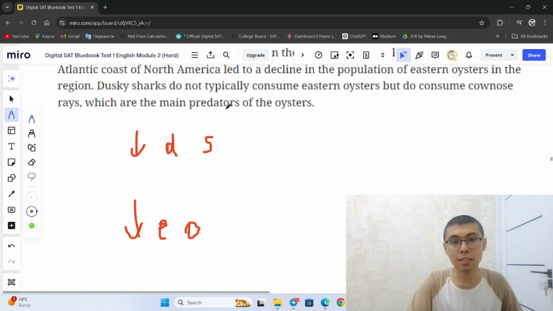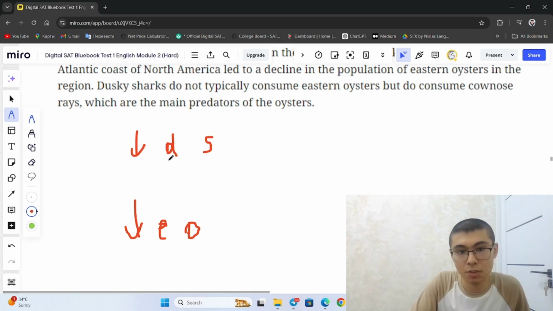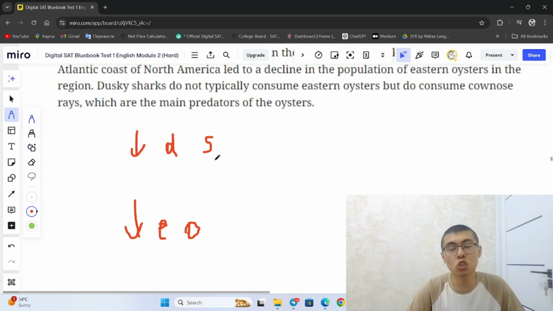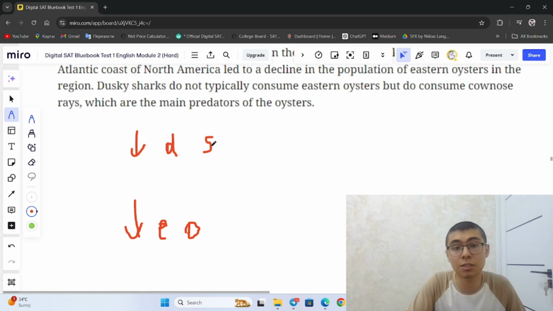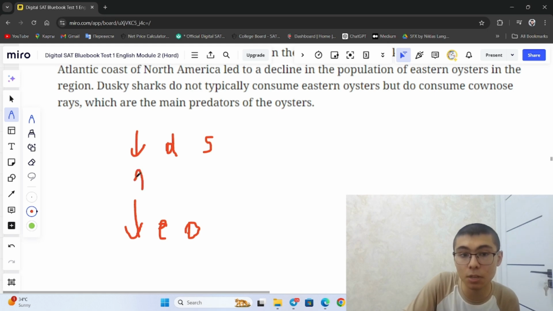So that means that if dusky sharks consume cownose rays, and there's a decline in dusky sharks, the dusky sharks will not consume cownose rays, and there are going to be a lot of them. Because dusky sharks do not consume them, there is going to be an increase of cownose rays.